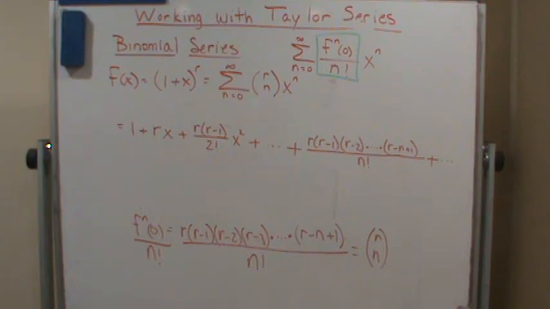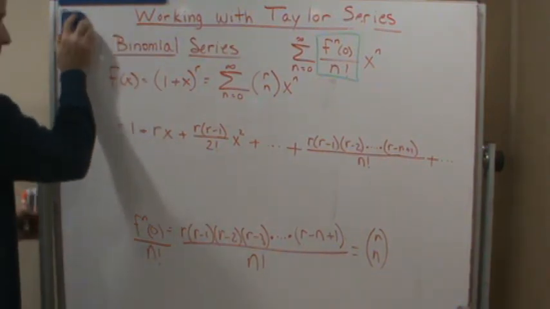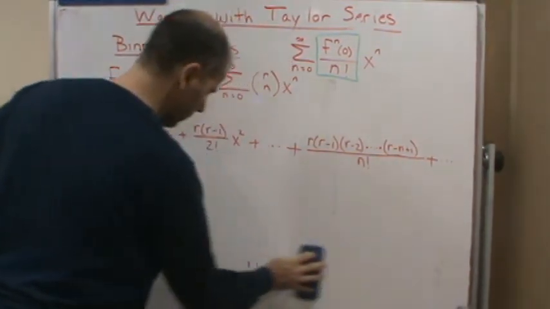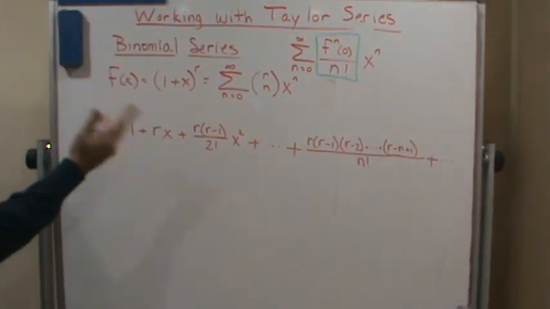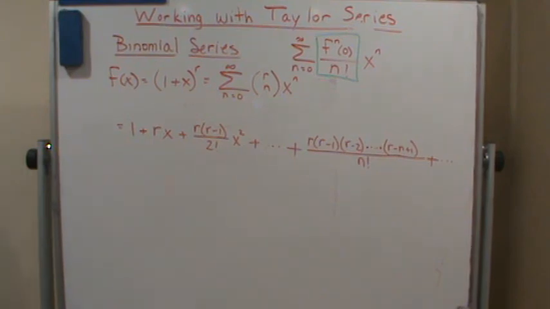Okay, so now that we've got the Maclaurin series, or the binomial series rather, for this function, now let's talk about convergence. And so again, this is where the ratio test is going to come in.